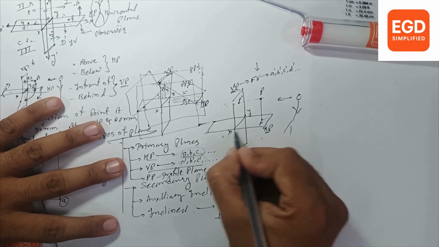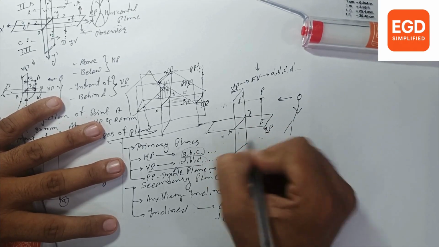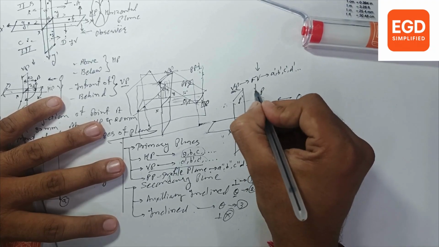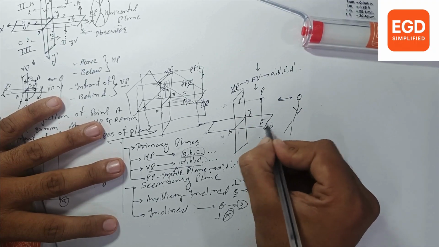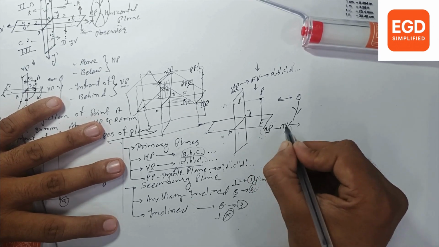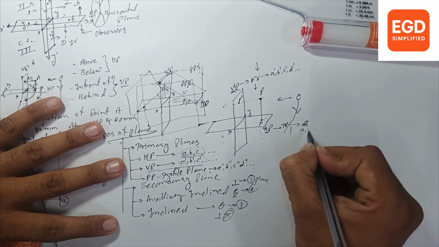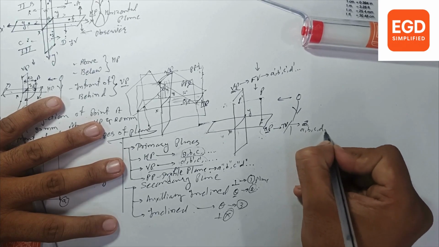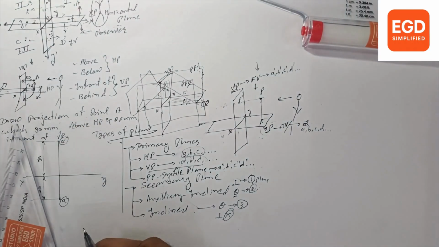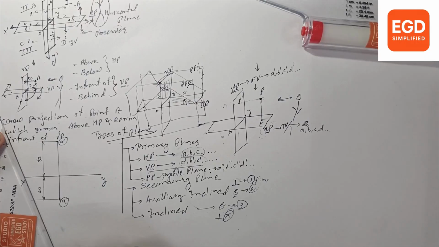When any point or any object is over here, their top view will always be plotted on the horizontal plane. So all the numbering for the top view will be A, B, C, D, etc. This is the methodology for giving numbering in the projections method.